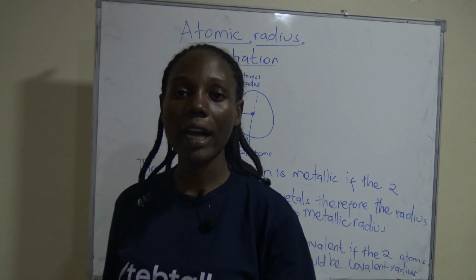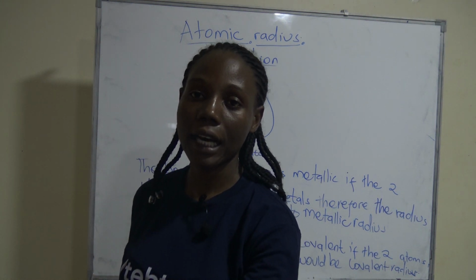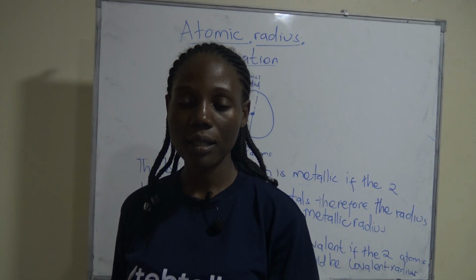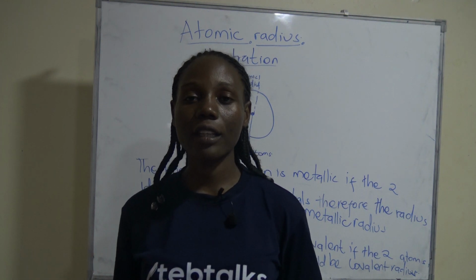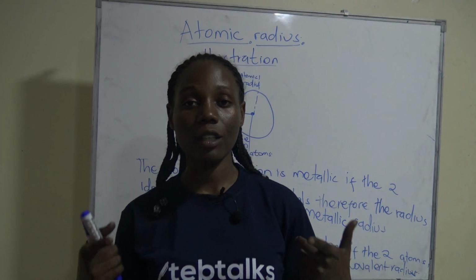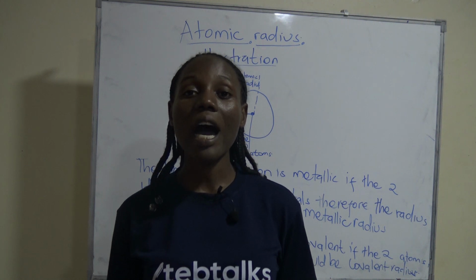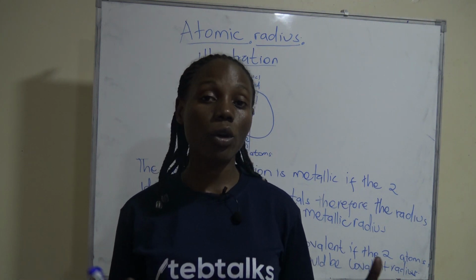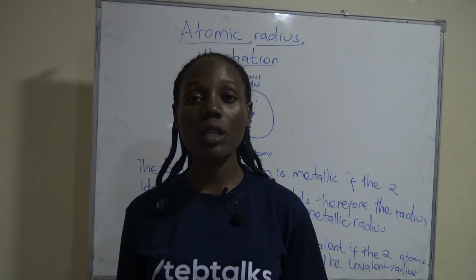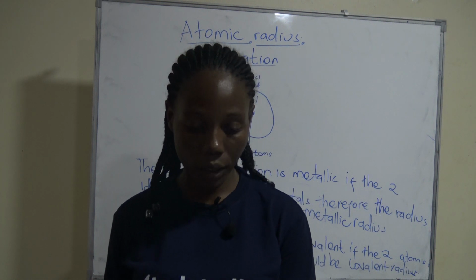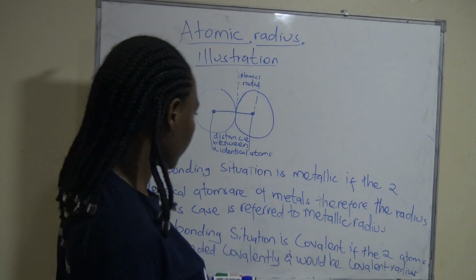So we are going to look at factors that affect atomic radius as it moves down the group and as it moves across the group. We are going to see what happens to that atomic radius.